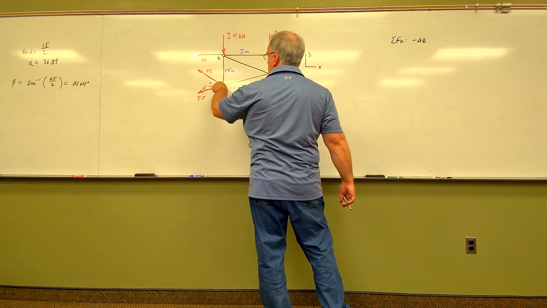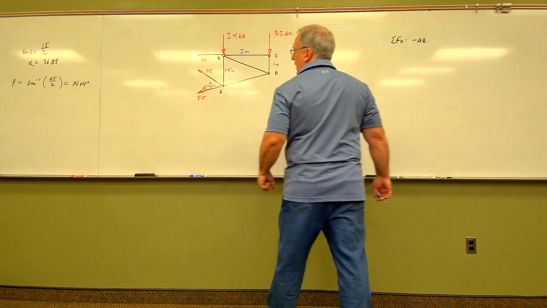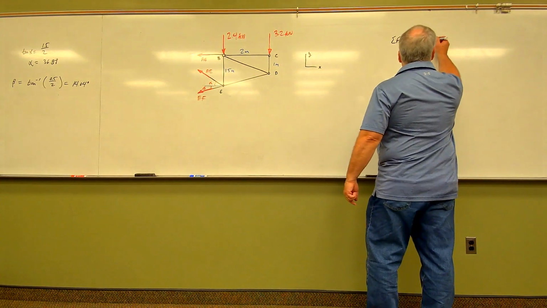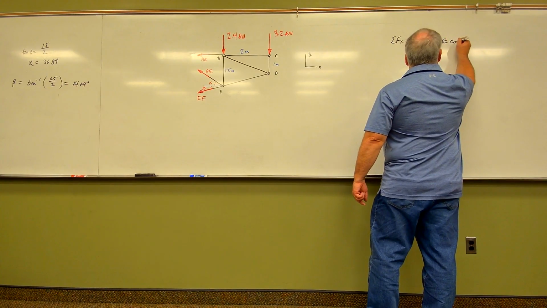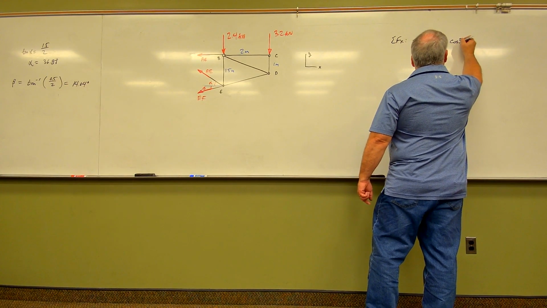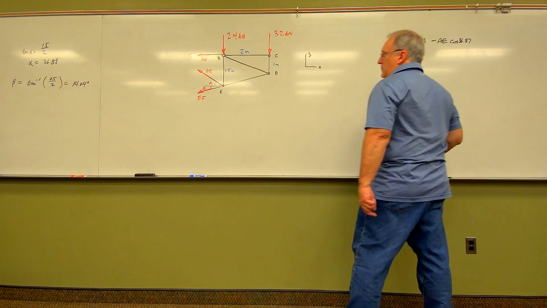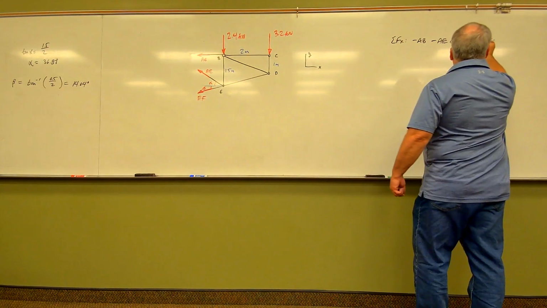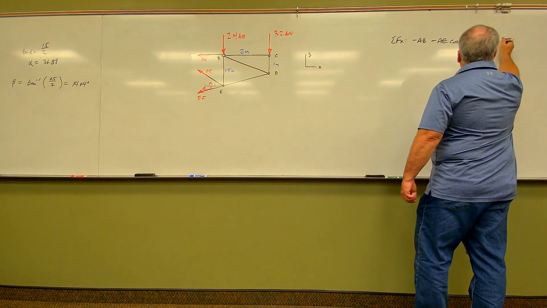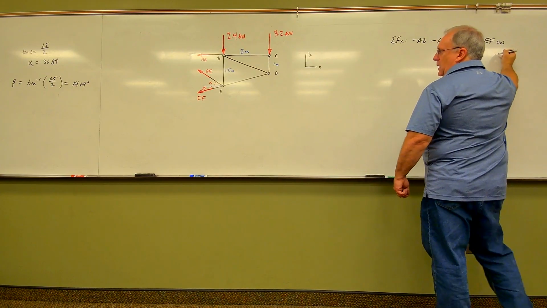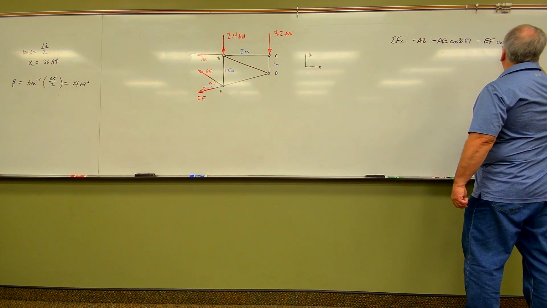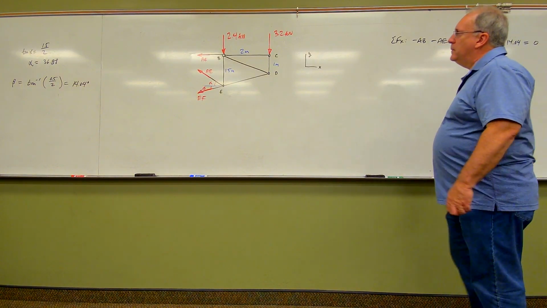So this would be minus AE times the cosine of 36.87, and then minus EF cosine of 14.04, and that's going to be equal to 0.